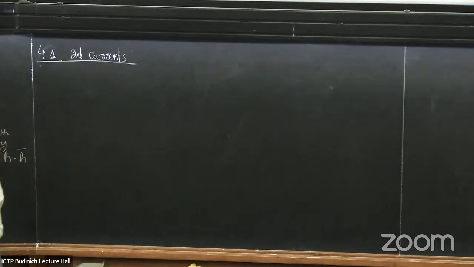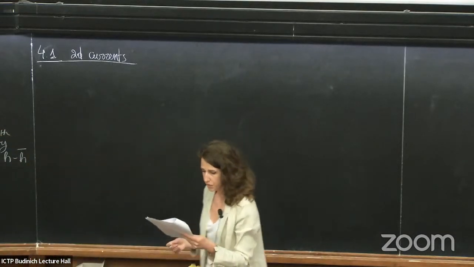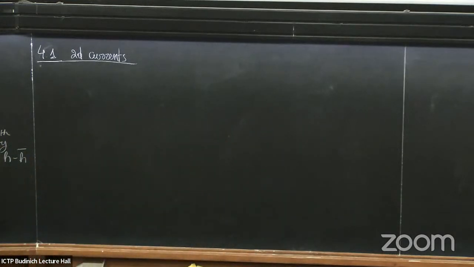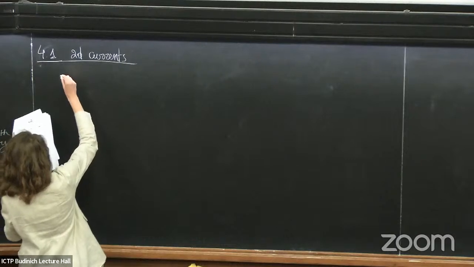Indeed, in the second lecture, we saw all these nice equivalences between Ward identities associated to asymptotic symmetries and soft theorems.